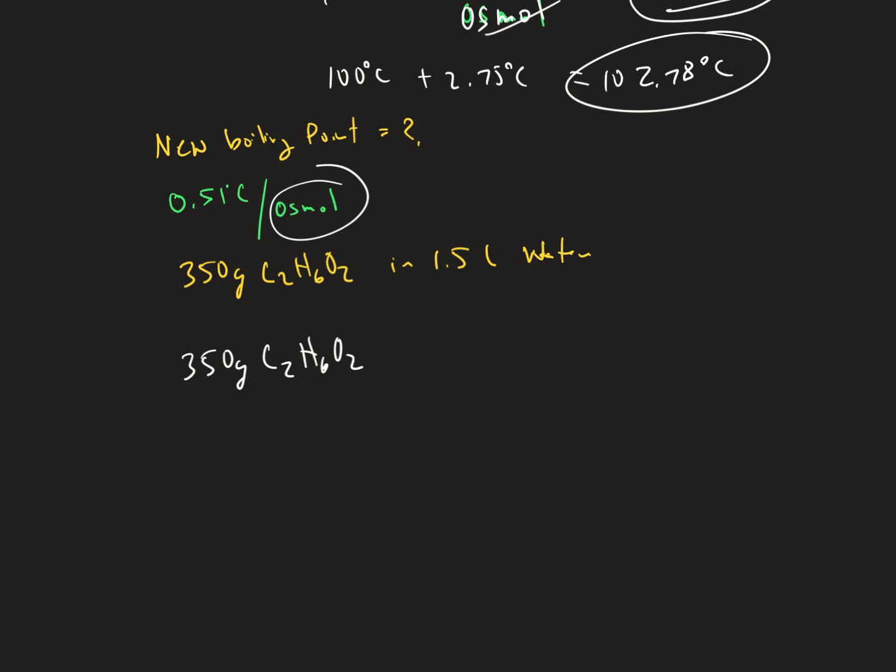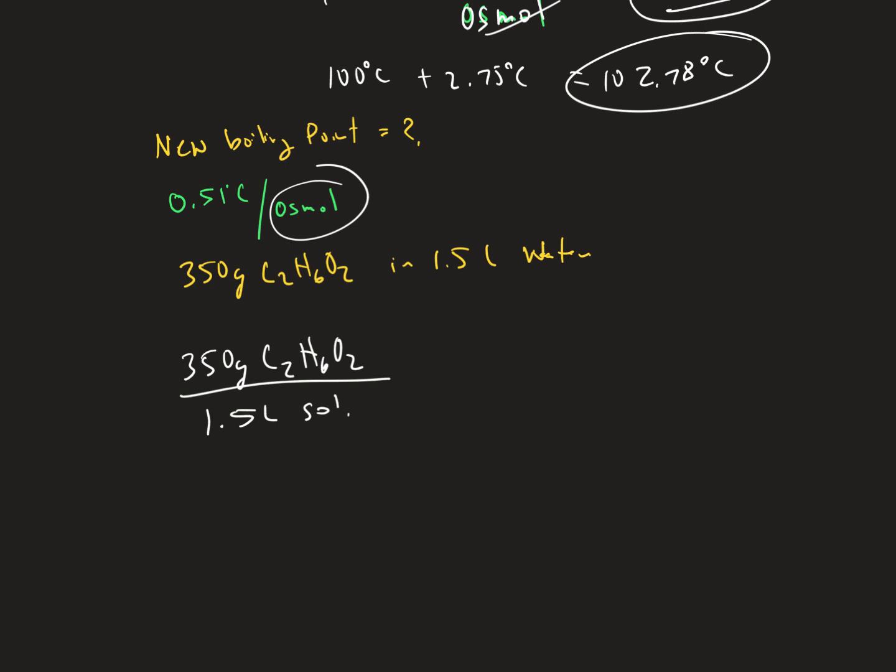Okay. So that's the amount of solute dissolved in 1.5 liters of solution. It says water. It's a water solution. Yeah, I guess it'll change just a little bit depending on how much we throw in.